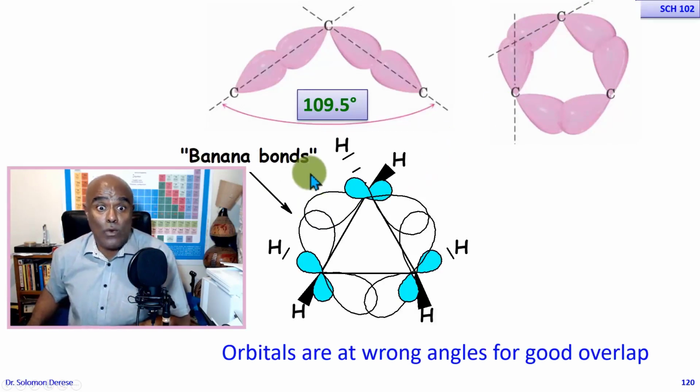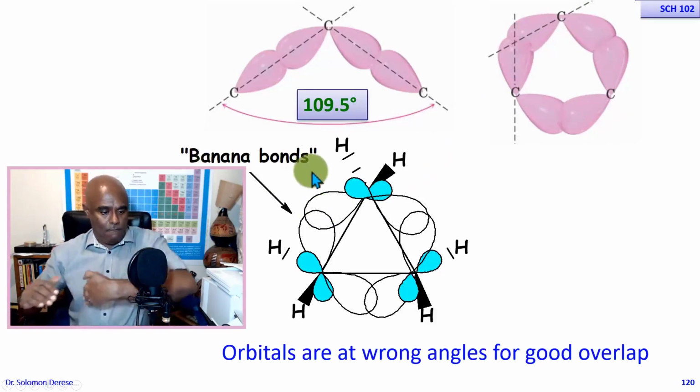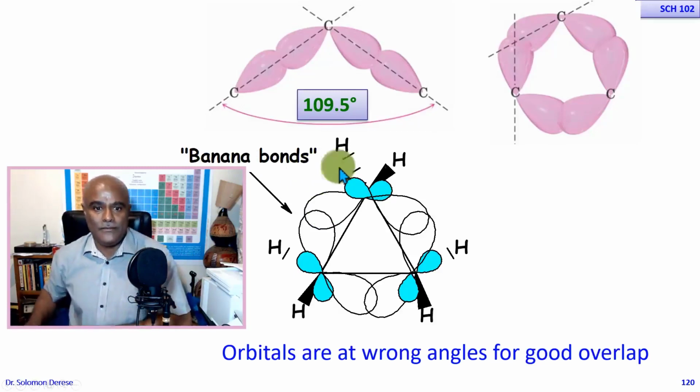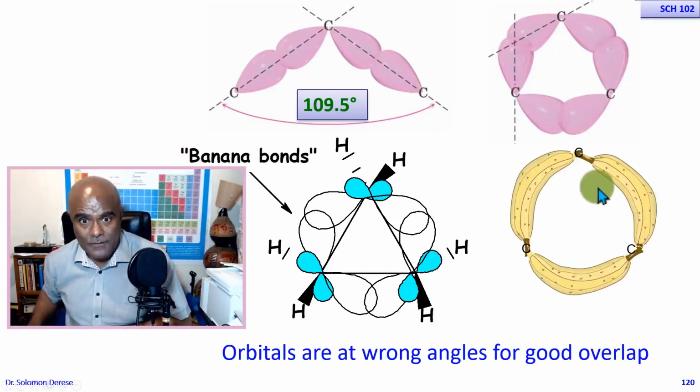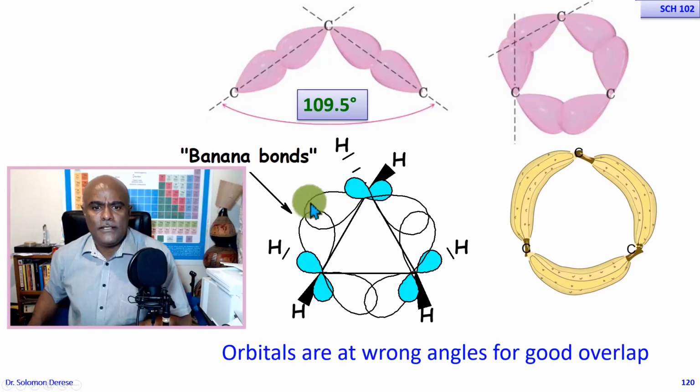That's why they are called banana bonds, bent like bananas, where the electrons of the sp3 hybrid orbitals lie above the nuclear axis.